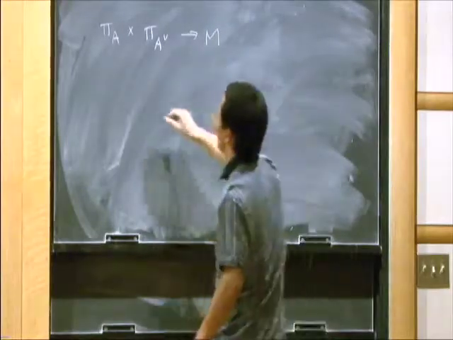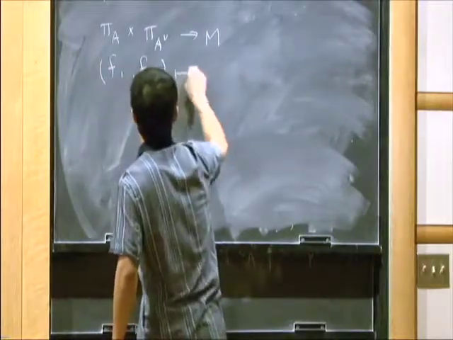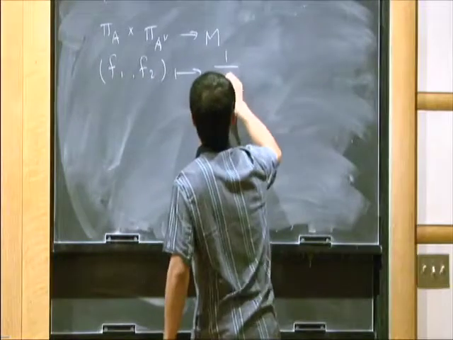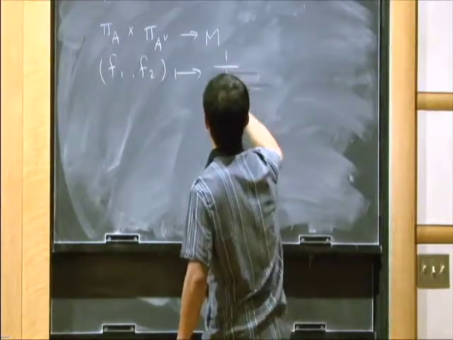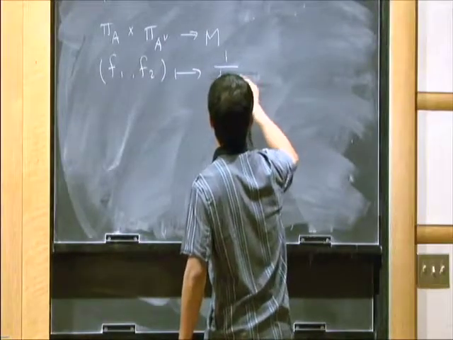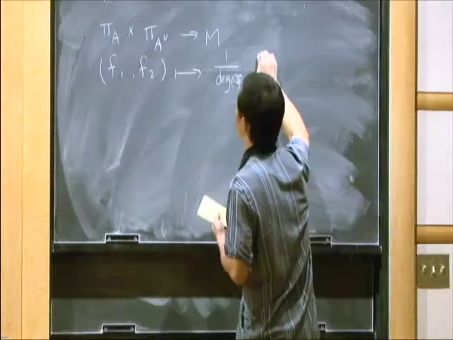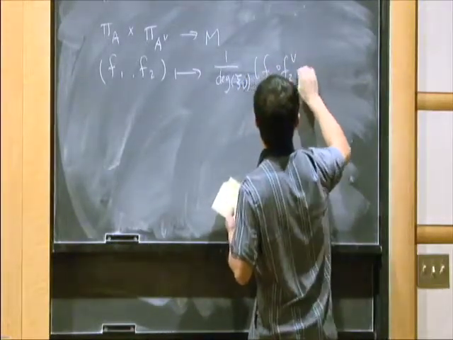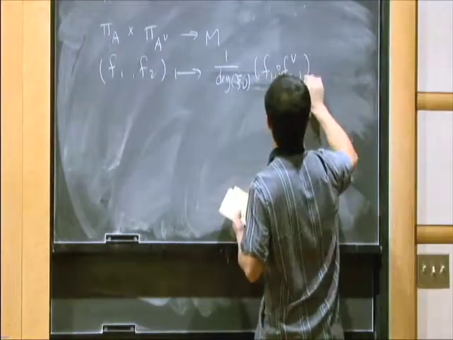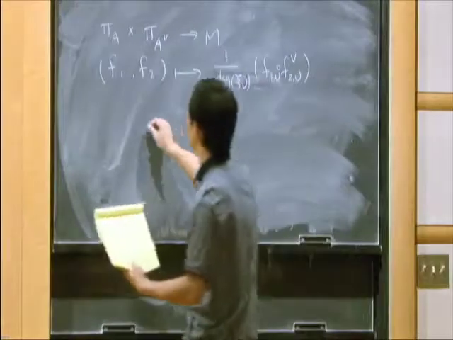This duality is defined to be F1, F2 maps to volume of XU. I don't say volume, just the degree of the Hodge bundle. And then F1, F2, U. So this is like this.